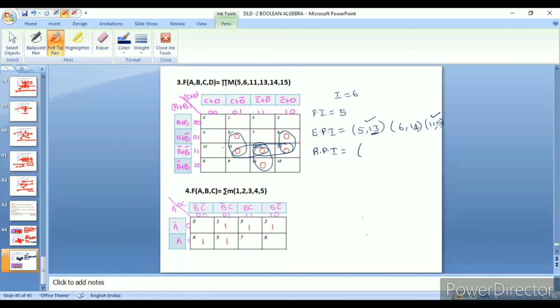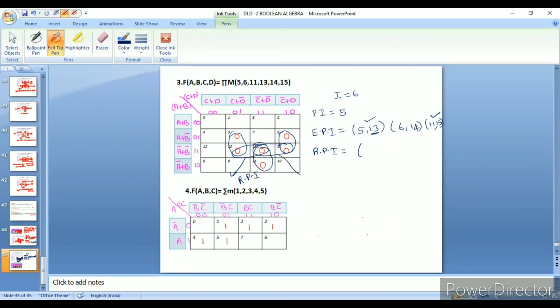Now we formed another pair with the help of the essential prime implicant. That particular pair is a redundant prime implicant, because this 13 is covered by one essential prime implicant, and this 15 is covered by another essential prime implicant. That means in this redundant prime implicant, these two minterms are covered.